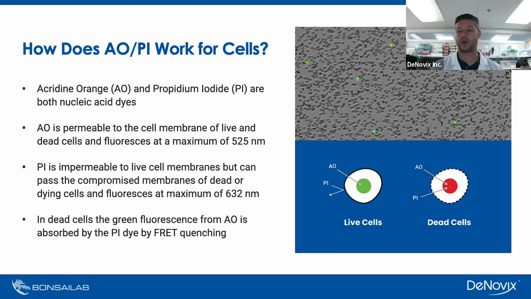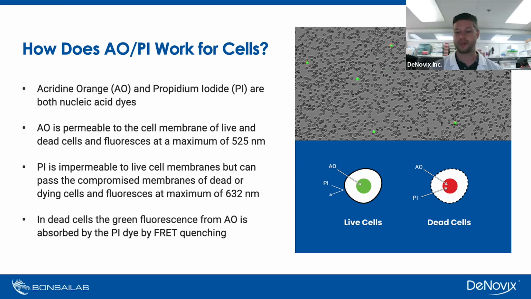PI is impermeable to the membranes of live cells, but can pass through the membranes of dead or dying cells, very similar to how Trypan Blue works. When it gets into the cells, it also stains the DNA, and it's excited at about 480 nanometers and fluoresces at 632 nanometers.